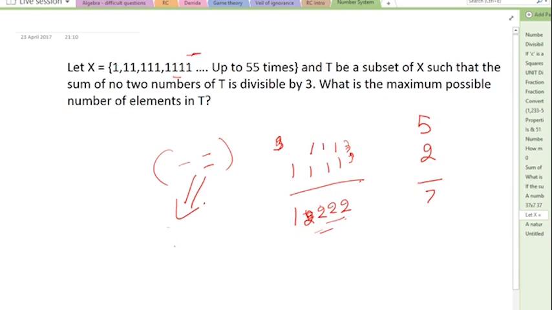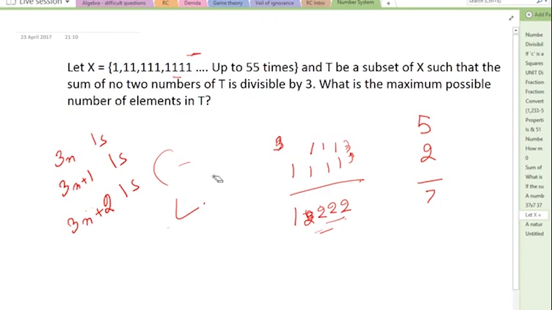So the bucket that we create will have items which have 3n ones, items which have 3n plus 1 ones, and items which have 3n plus 2 ones, right? If we add two items, the sum of digits is equal to the number of digits that both of them have.